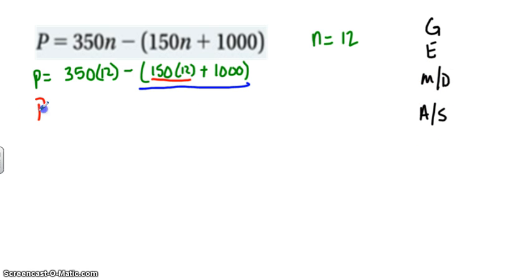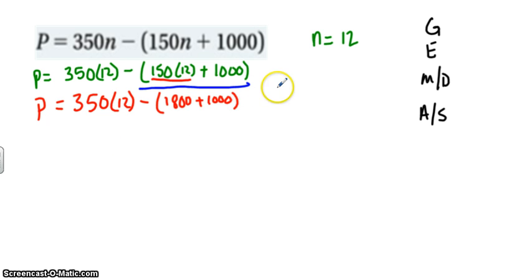So P equals 350 times 12 minus, now 150 times 12 is going to be 1,800 plus 1,000. Okay, now we're still inside the grouping symbols, so the next operation we do is this right here.